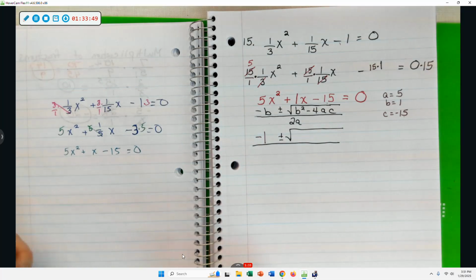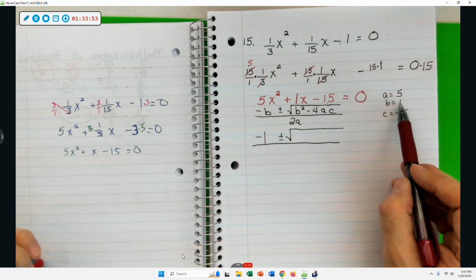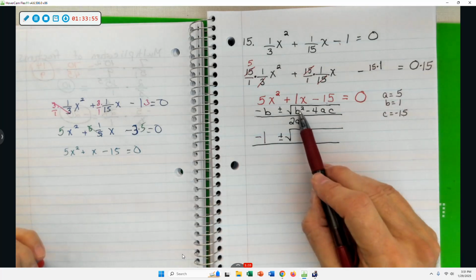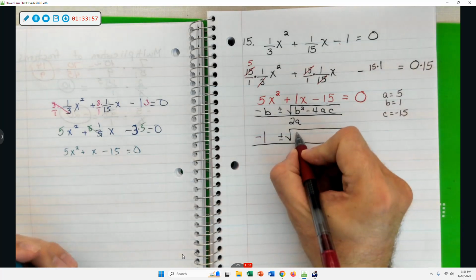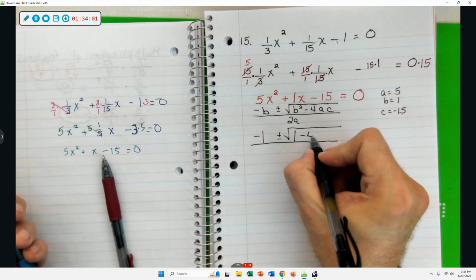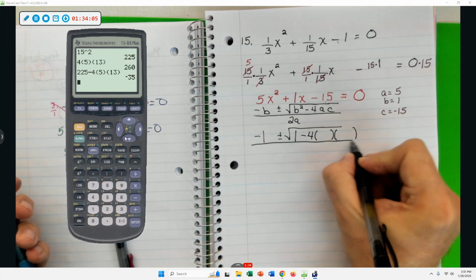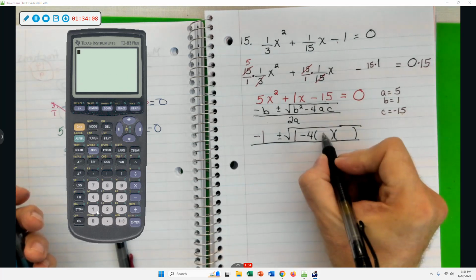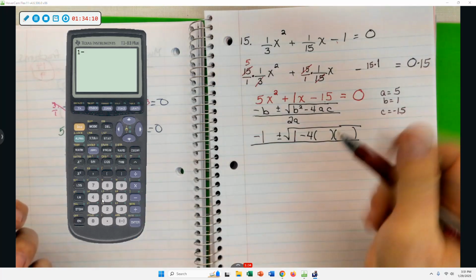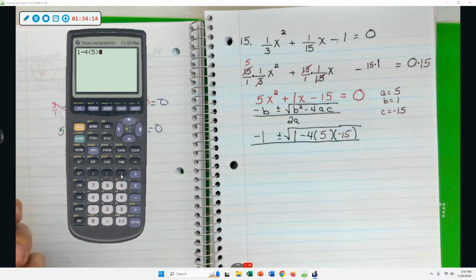Plus minus the square root, don't help me, I can do this in my head. B squared, 1 times 1 is 1. Minus 4 times A times C. A is 5. Ooh, and C is a negative 15.